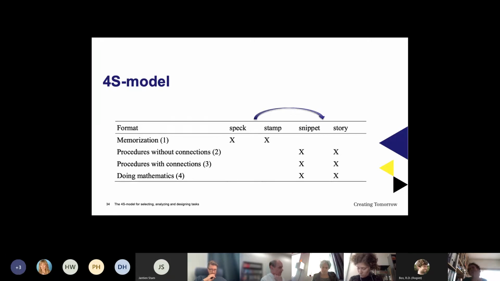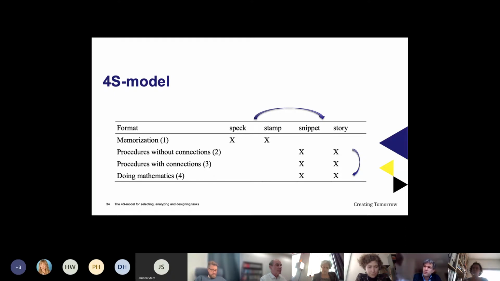I think we can invite our teachers, our students, to make a development from pieces that are in the book, so the specs and the stamps that are in the textbook, and have them make a snippet or a story out of it themselves, and also have them try to, when an activity has a lower level, for instance, procedures without connections, raise the level to procedures with connections, or to actually doing mathematics.